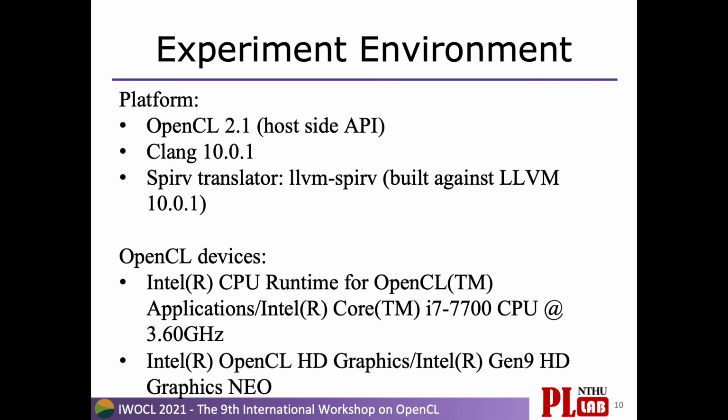And then we use this LLVM SPIR-V translator that was built against LLVM 10.0.1 to translate LLVM IR to an actual SPIR-V binary. And both CPU and GPU runtimes are used in this experiment.